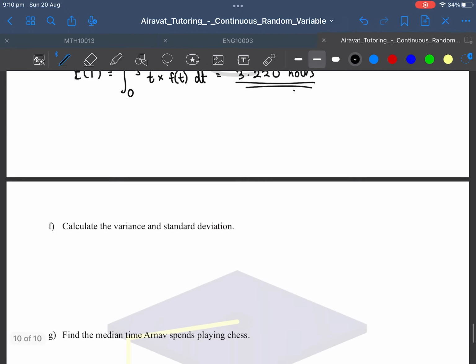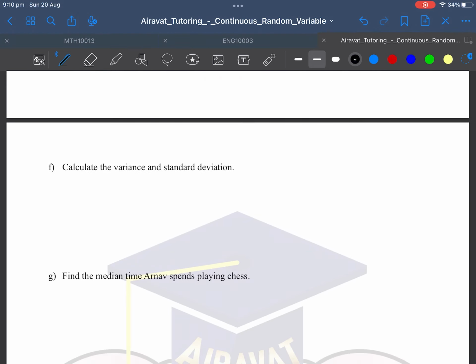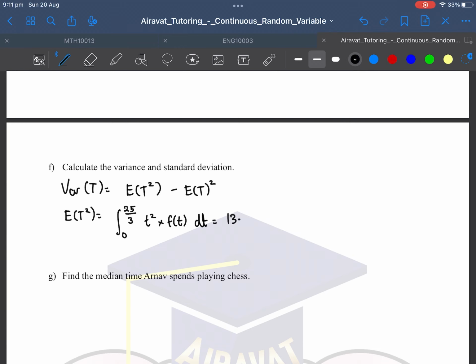Okay? Alright. Calculate the variance and standard deviation. Okay, variance is going to be equal to E(t squared) minus E(t) whole squared, so mean squared. So E(t squared) is just going to be the integral from 0 to 25/3 of t squared times f(t) dt, and you will get an answer of 13.664 hours. And what's our unit?